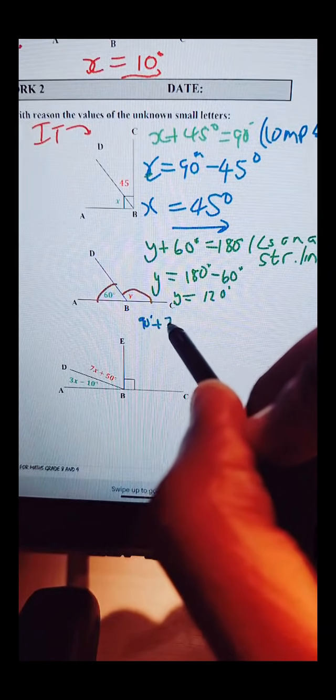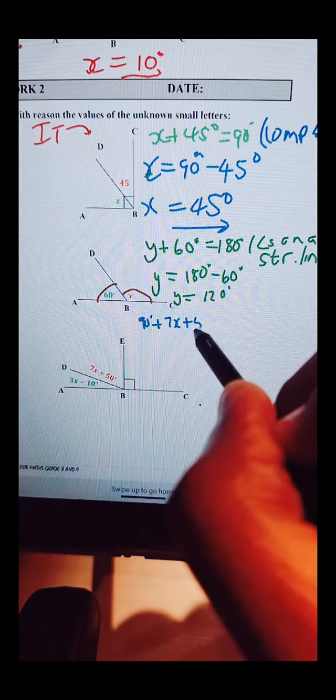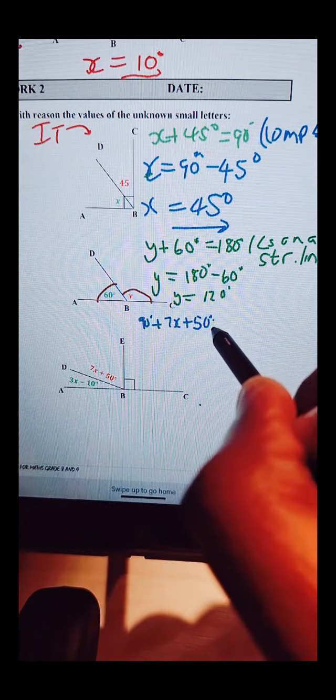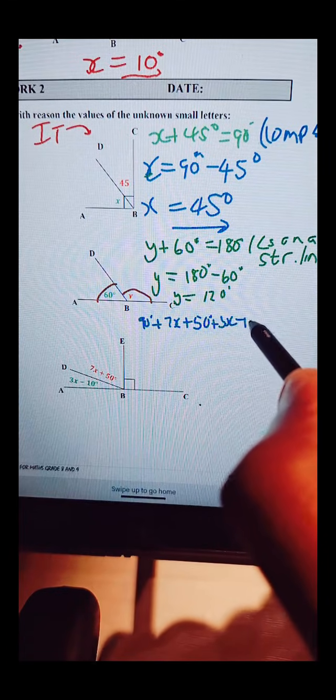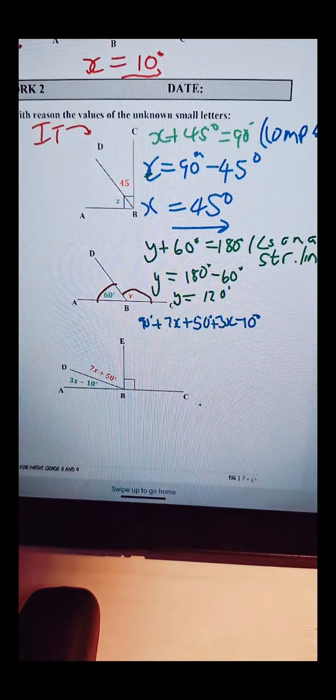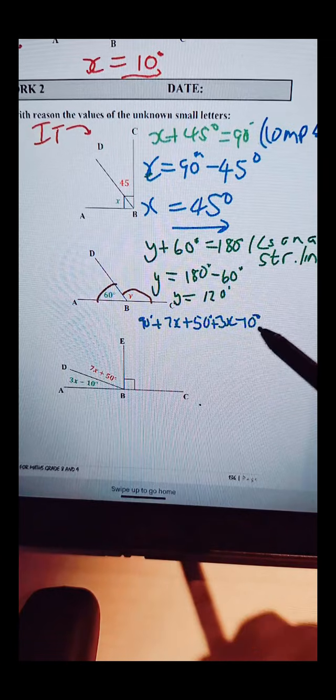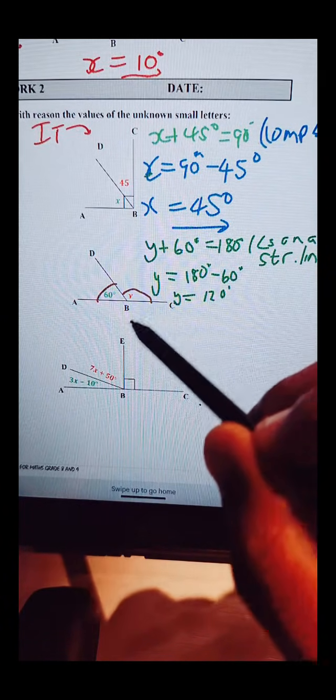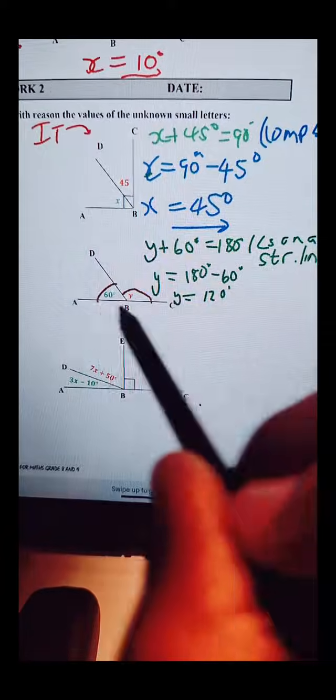90 degrees plus 7x plus 50 plus 3x minus 10. Okay, sure you can see that.